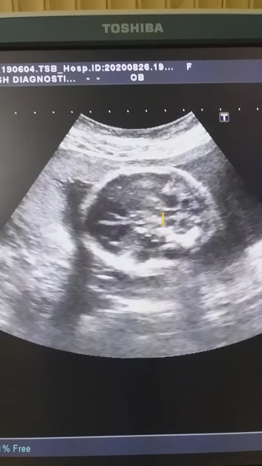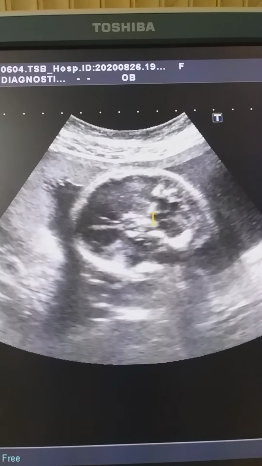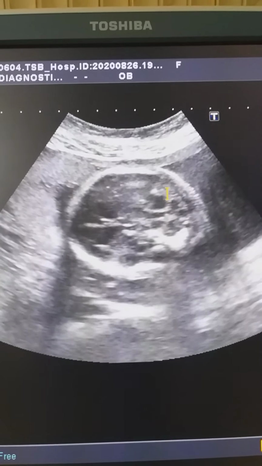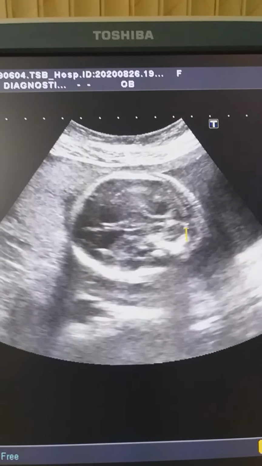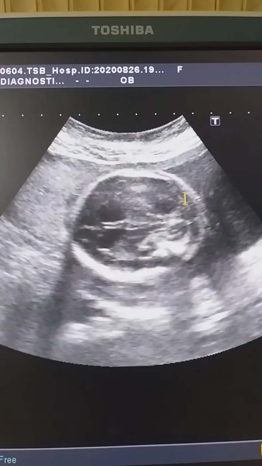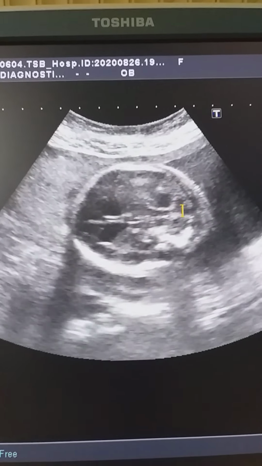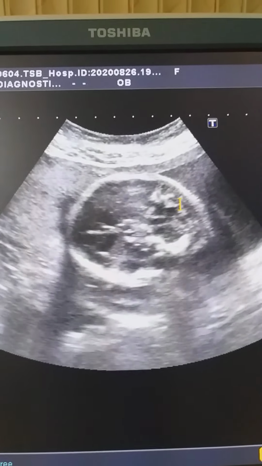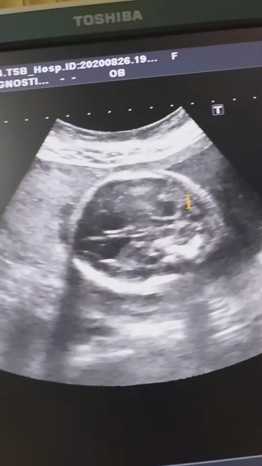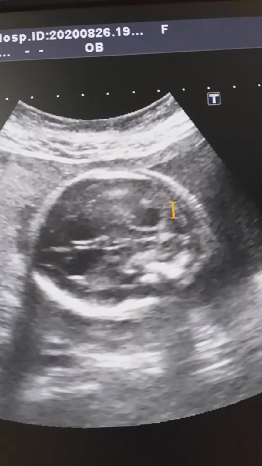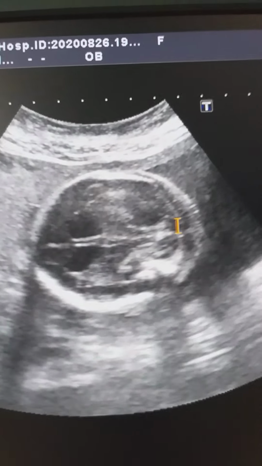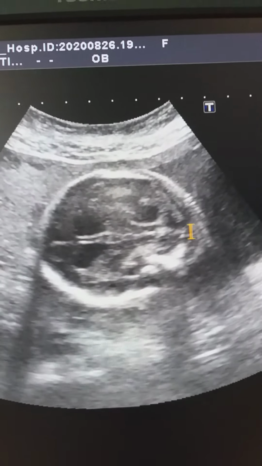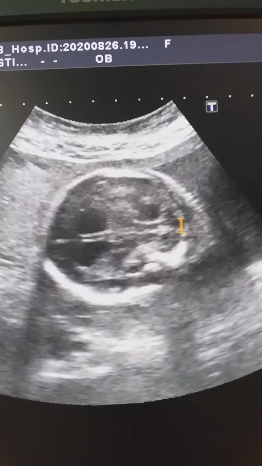And this is the cerebellum, which should be dumbbell shaped, but here we can see that it is banana shaped. So this is the banana shaped cerebellum and the cisterna magna is obliterated.